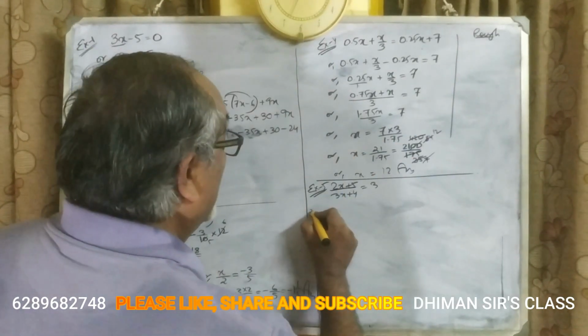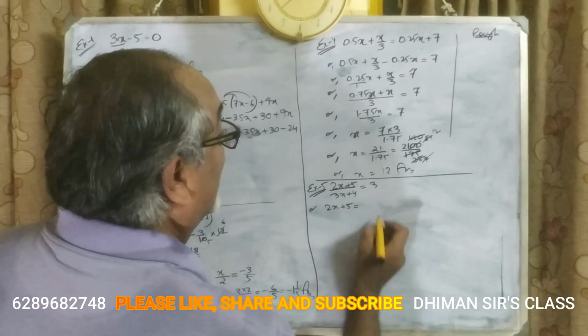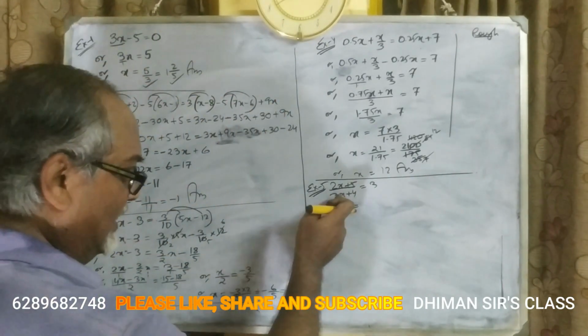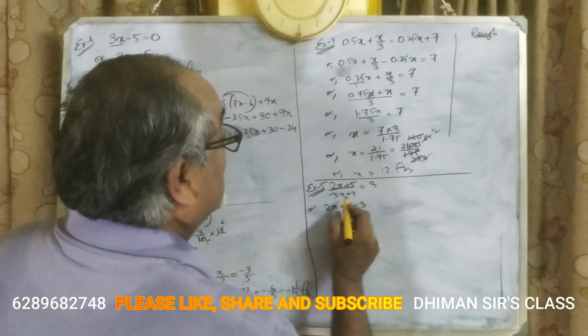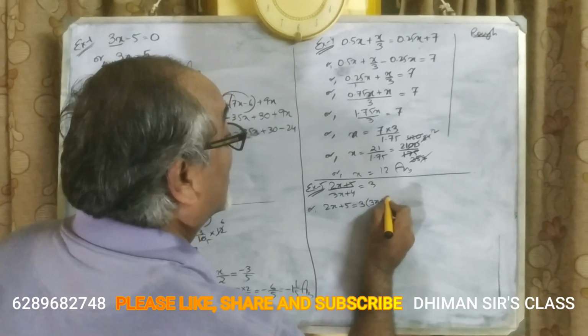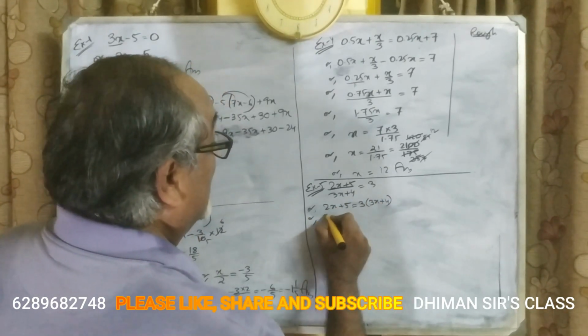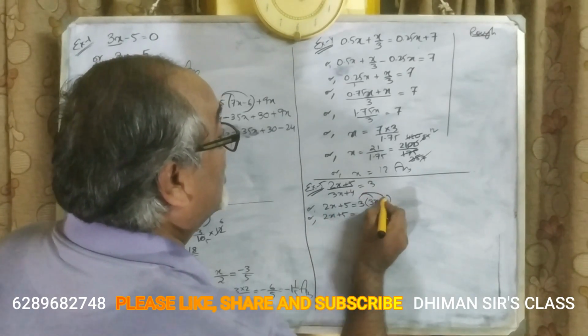There is a reason. So 2x plus 5 is equal to, if this denominator goes that side, it becomes numerator. Means it was divided, it becomes multiplied, 3x plus 4. So 2x plus 5 is equal to this 3 into 3x, 3 into 4.